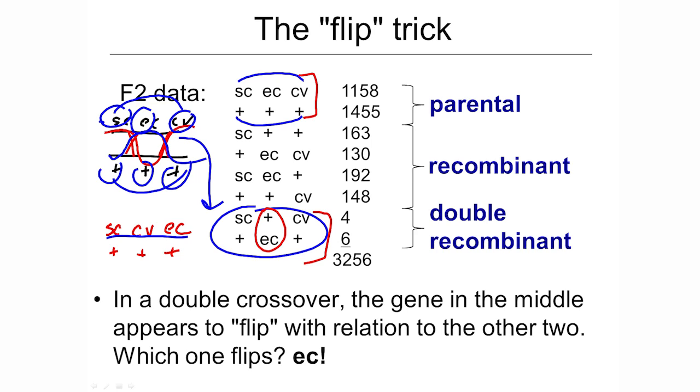If a double crossover happened here, what would be the products? And the answer obviously is SC plus, oh, I'm sorry. Just forget everything. Just forget that little piece right there.